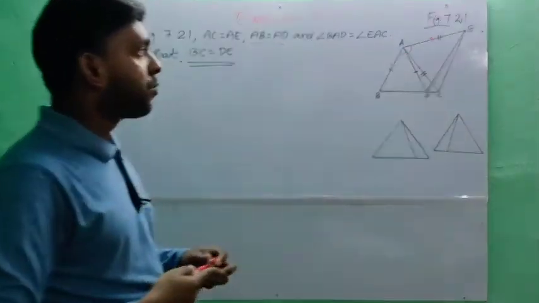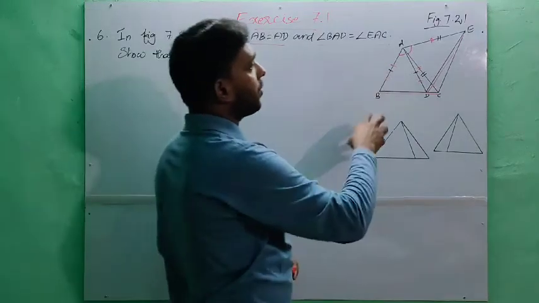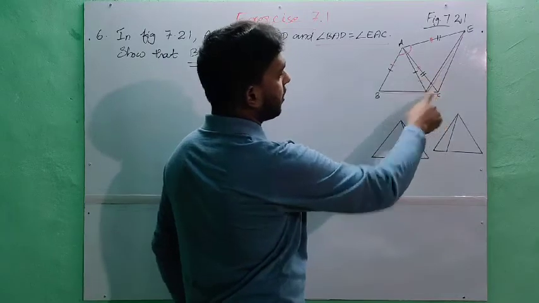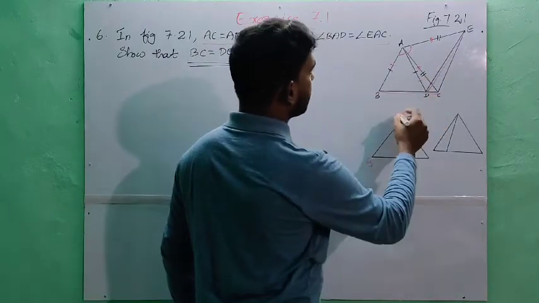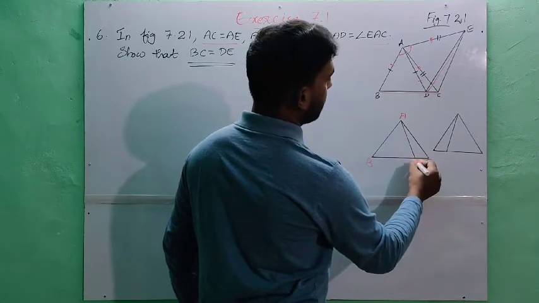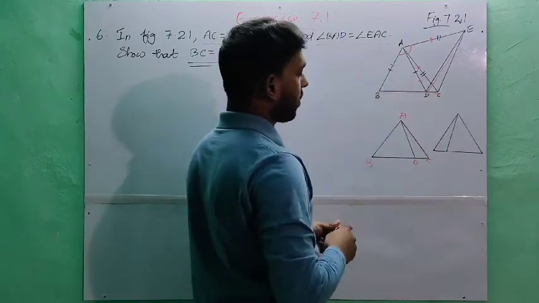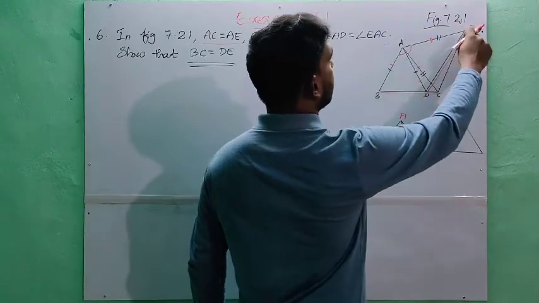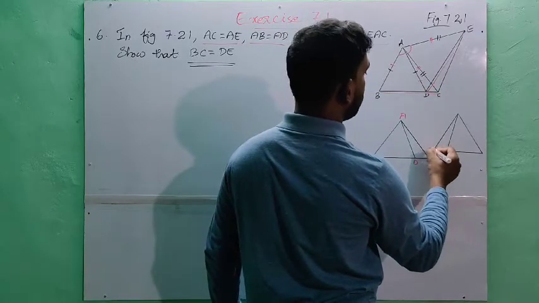For our convenience, I am going to take out two triangles from here. Triangle BAC, so I am going to name it here as BAC. So I have taken this triangle BAC, and also I have taken this triangle DAE or EAD, DAE.